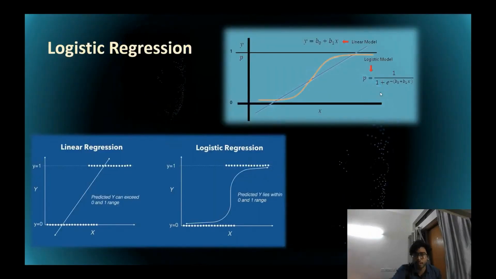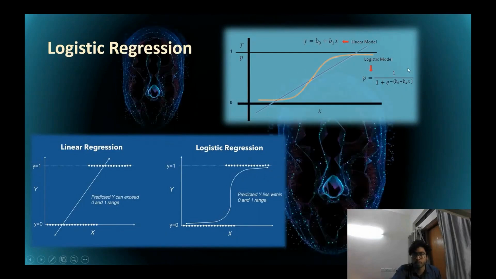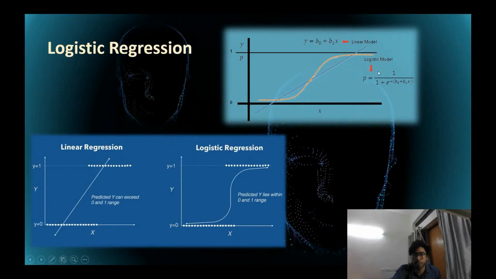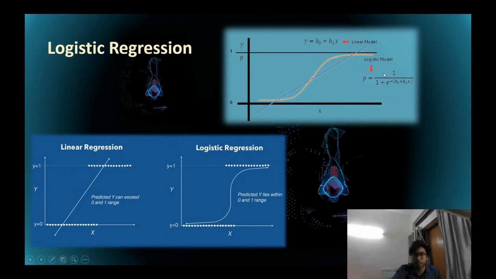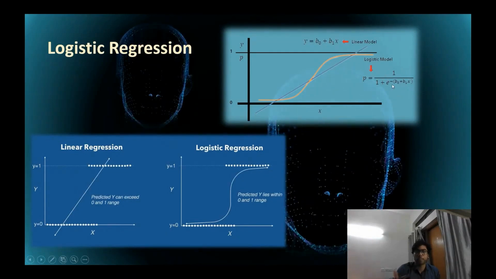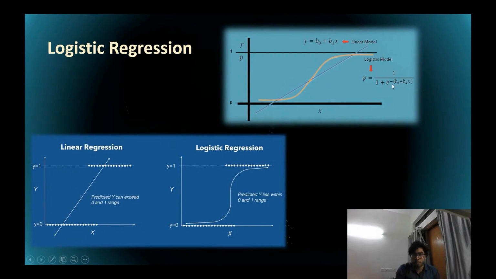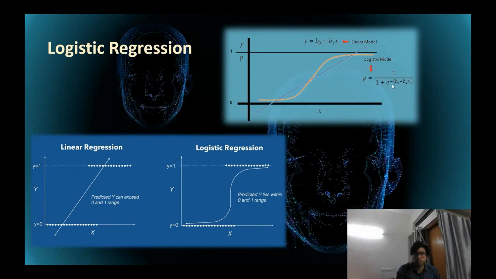So this is the logistic model, the value of the sigmoid function, the value of p basically that is given here: 1 divided by 1 plus e to the power of minus (b naught plus b1 x), right?